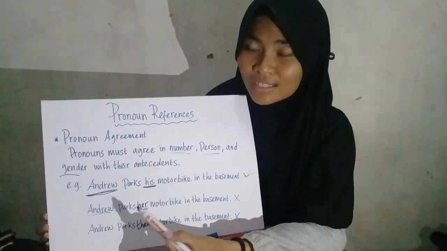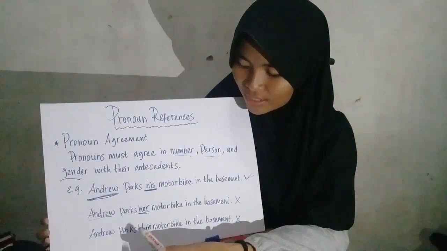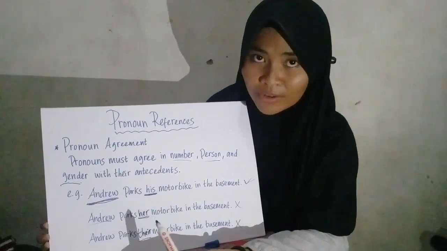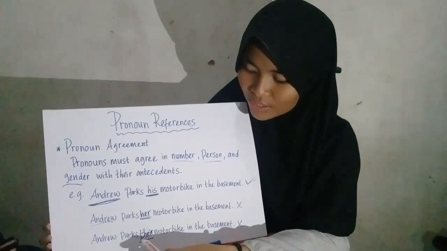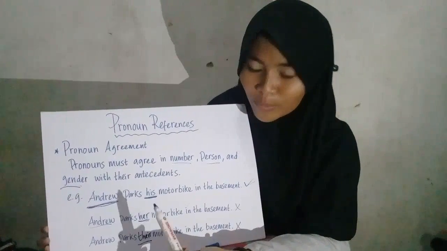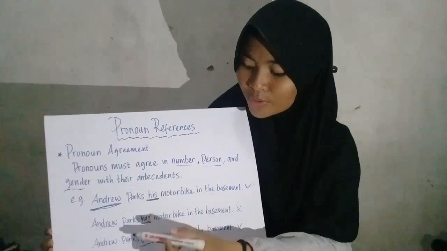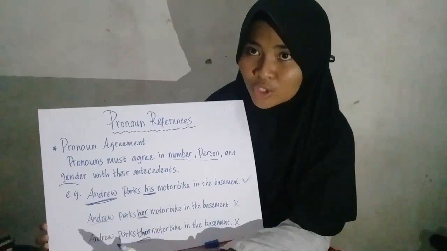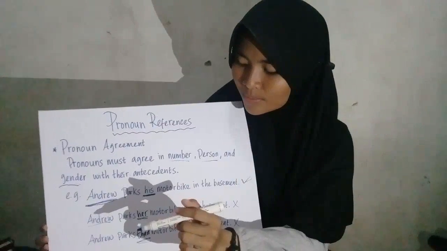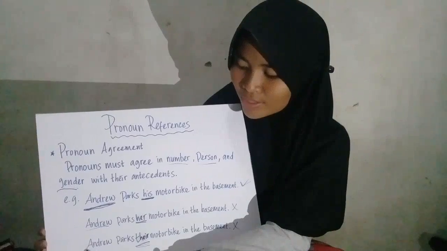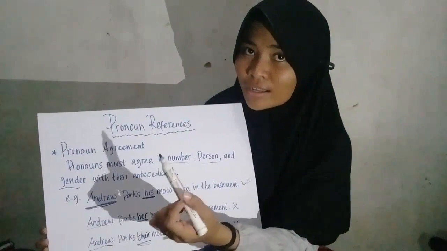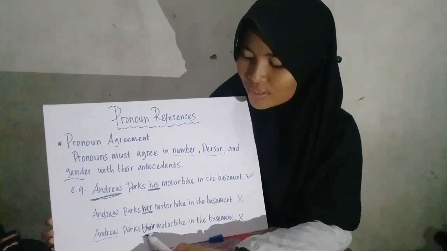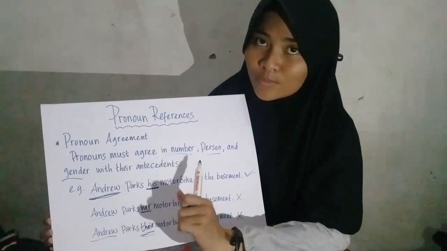And for the last sentence, the pronoun here is "their", which is a plural pronoun used to refer to a plural noun. But because Andrew is a singular noun, we cannot use "their" as its pronoun.